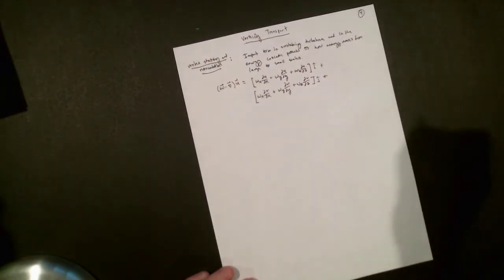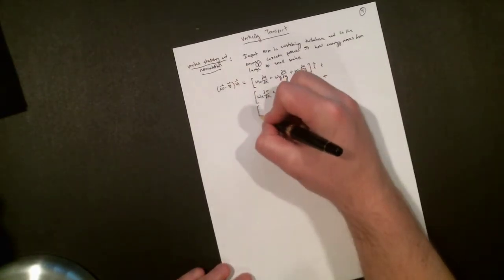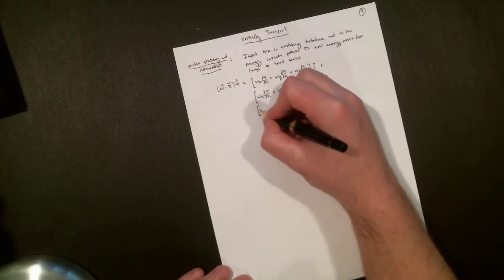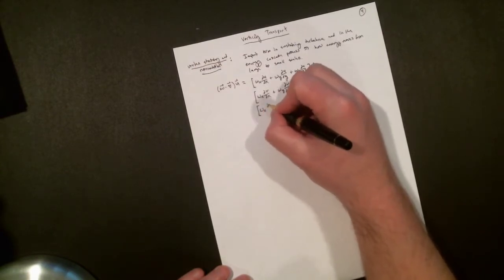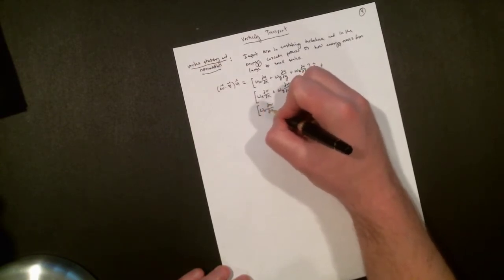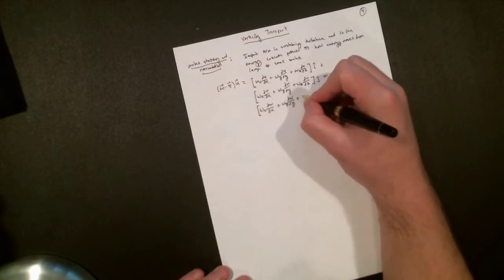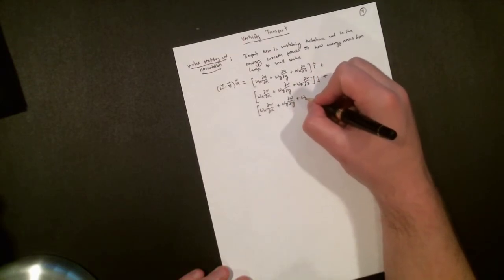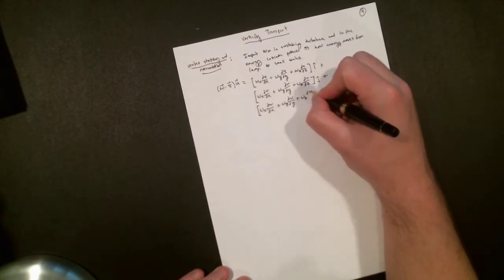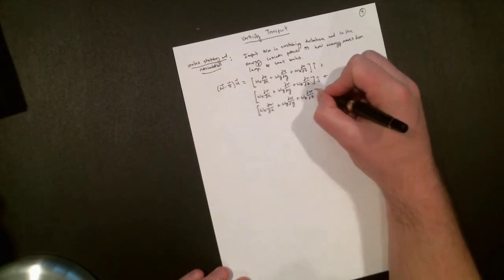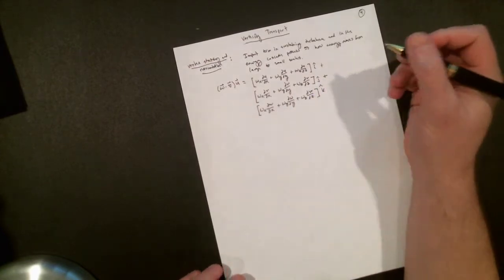And then the term will also act in the k direction, and this will be omega x dw dx plus omega y dw dy plus omega z dw dz, and they'll act in the k direction.